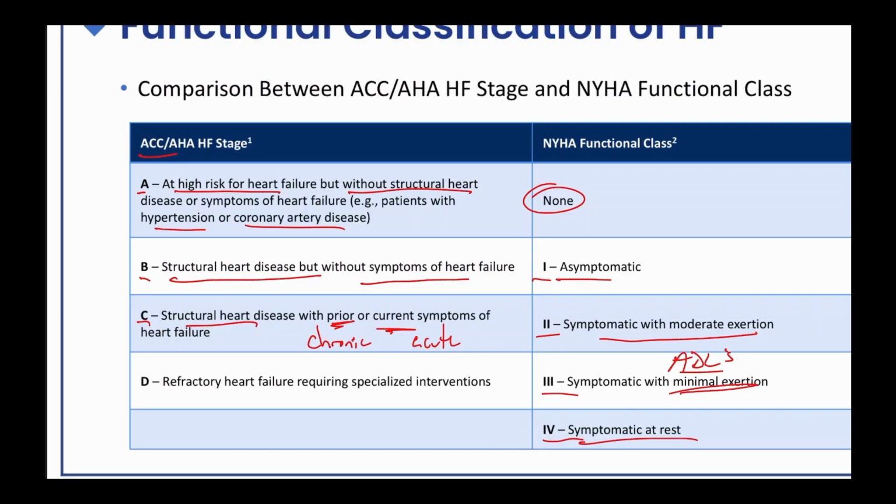They're not having any breathing problems, there's no swelling going on, blood pressure is controlled, heart rate is controlled, those patients are okay. And D is obviously refractory heart failure, meaning meds don't help. When they're refractory, they're not responding to the medications anymore because the heart is damaged too much.